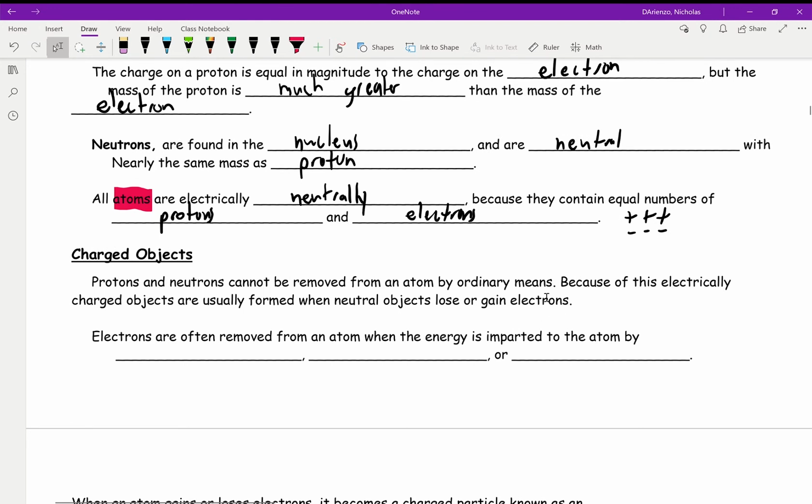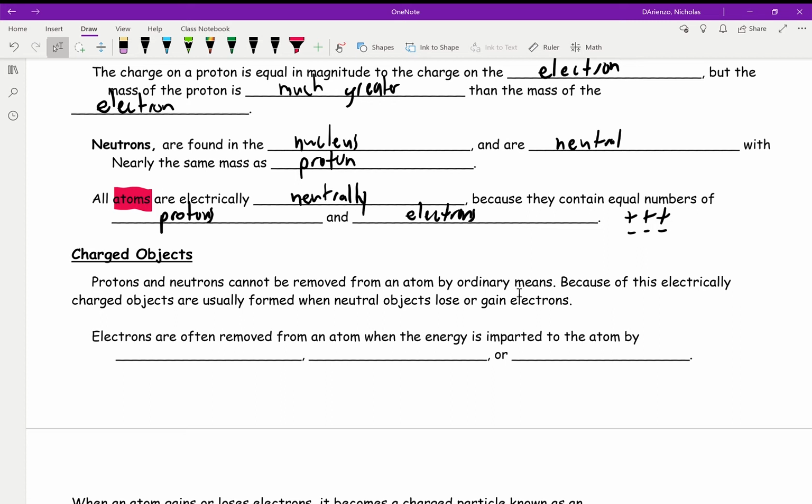Charged objects. Now you've probably experienced this before, and we'll do some examples in class here, but objects can become charged or could cause other objects to become charged. It all depends on how the object likes to hang on to its electrons, and this is going to vary from material to material, and will also change depending on the environment.